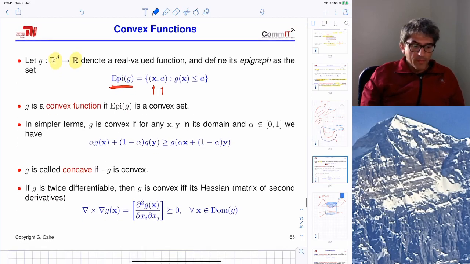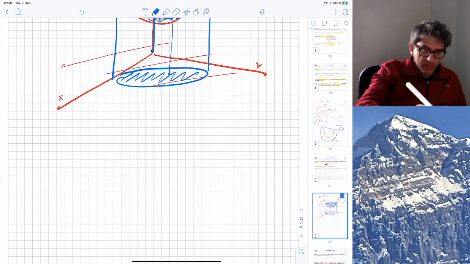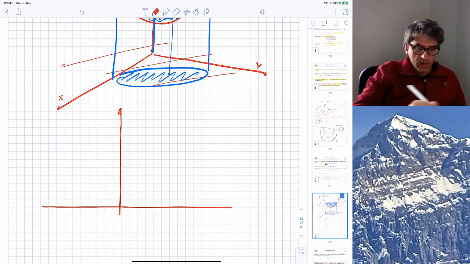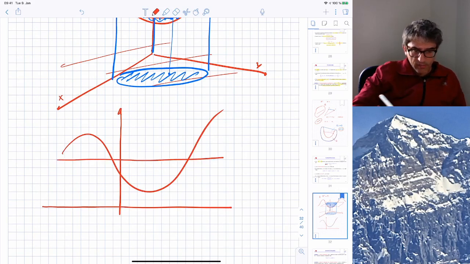Okay, this is a bit hard; I should have done it maybe not in 3 dimensions, in 2 dimensions it would have been simpler. So let's do it in 2 dimensions. If I have 2 dimensions, then I have the function, maybe this is my function g, and then I cut it with the level a, right?